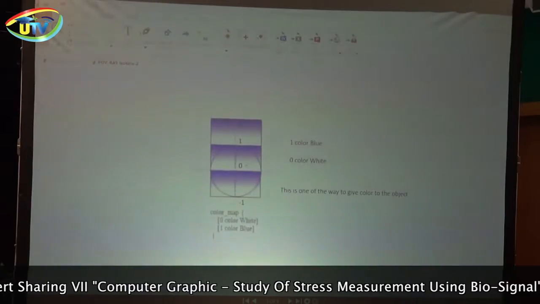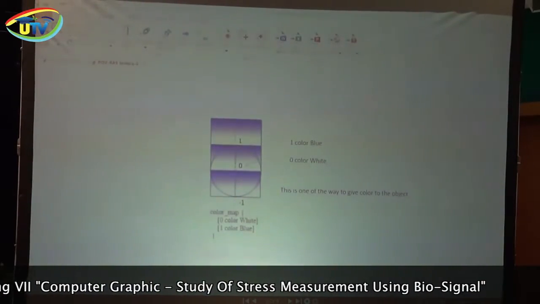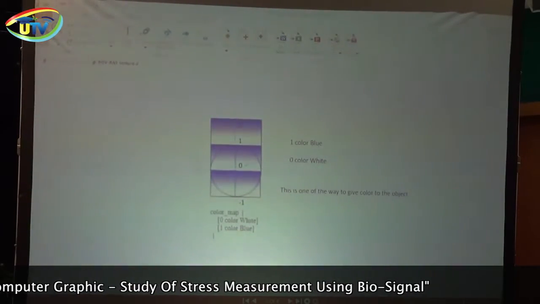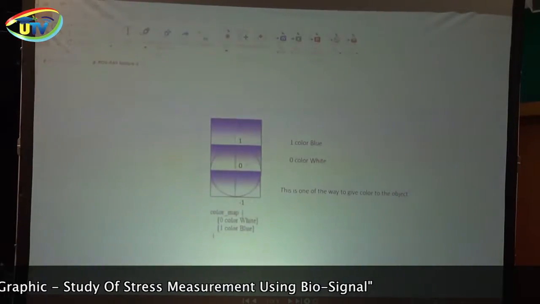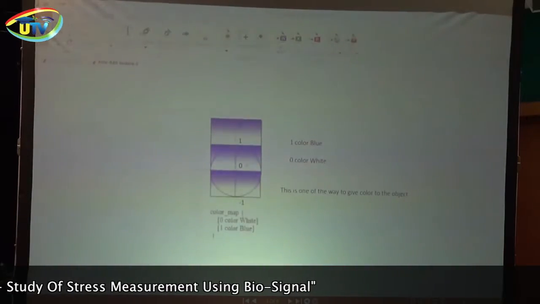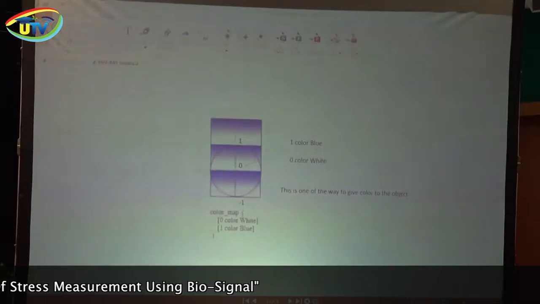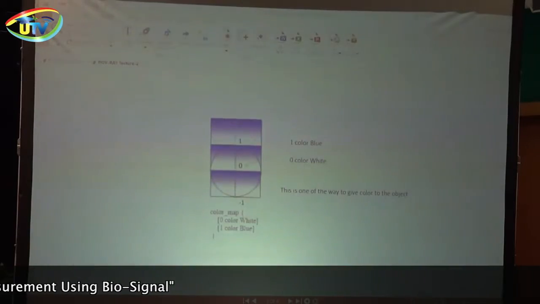So the color is changed from 0 to 1 gradually. So if you want to change from blue to white, you must translate the position. So the starting point is changed a little bit.